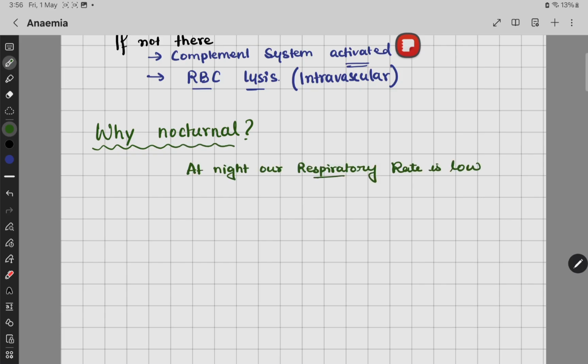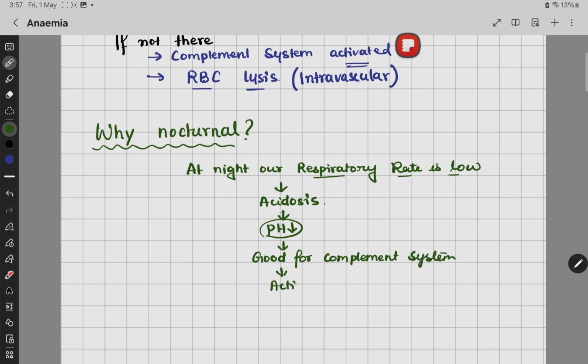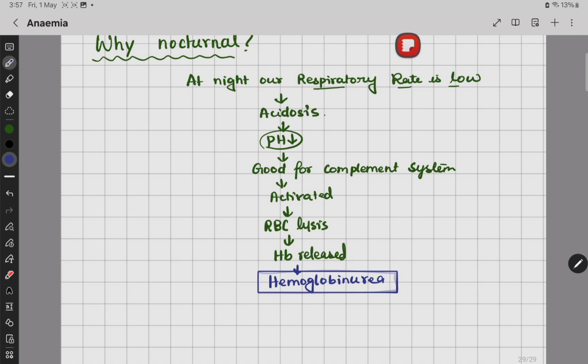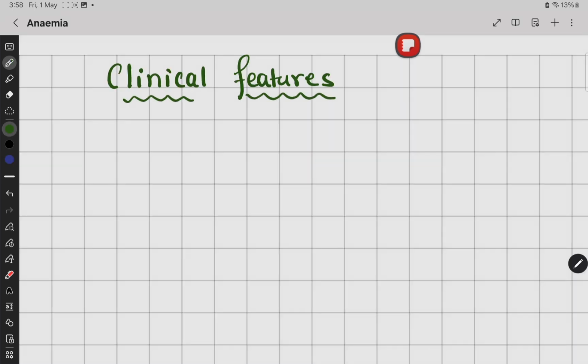Because at night our respiratory rate is very low, hence there is accumulation of CO2 and there is acidosis. pH is decreased, which is good for the complement system, and hence it activates the complement system, which leads to destruction of the RBCs, for which hemoglobin is released and we get hemoglobinuria, which means hemoglobin is found in the urine.